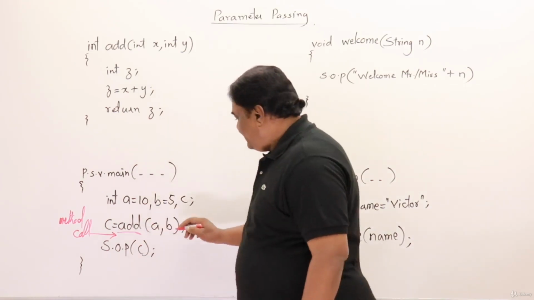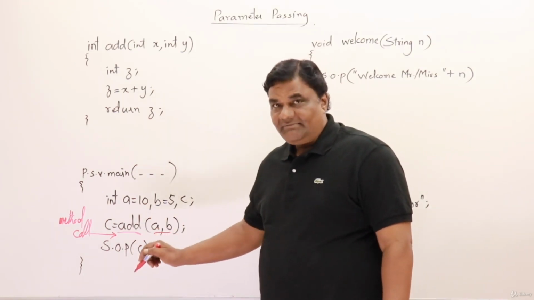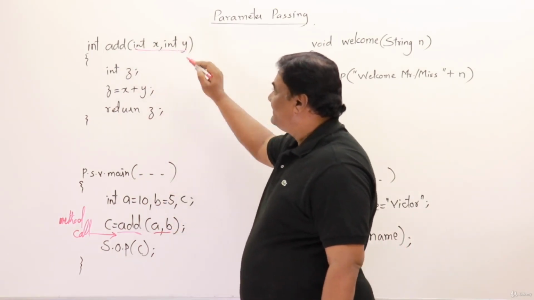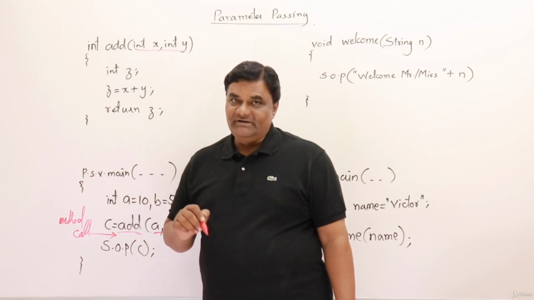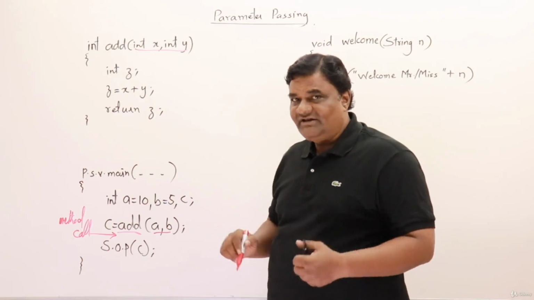Next, here it is passing two values a, b. These are called parameters or arguments, and here it is taking them as parameters. Both are called parameters or arguments. Now how to differentiate them?